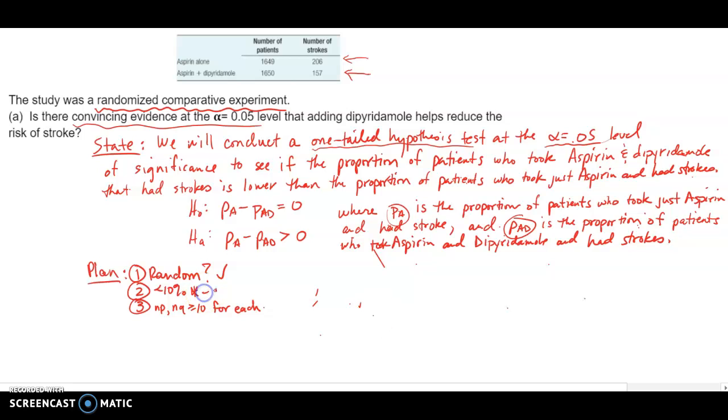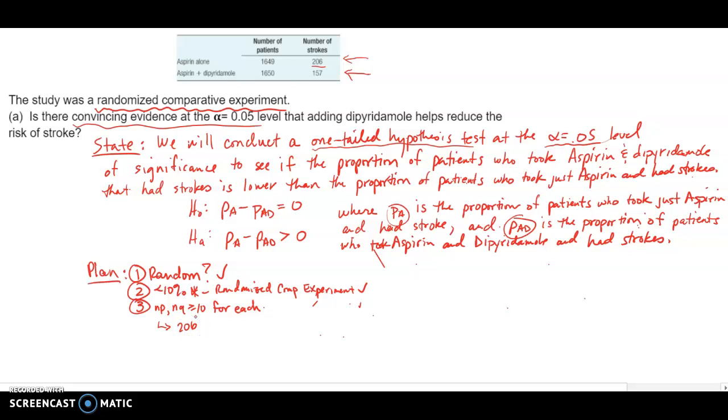So because this is a randomized comparative experiment, we're okay with this. This checks out. We're also going to look at, is this distribution normal, and we can look back up here, and we have 206 successes.